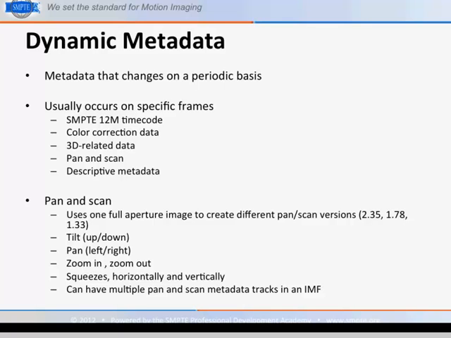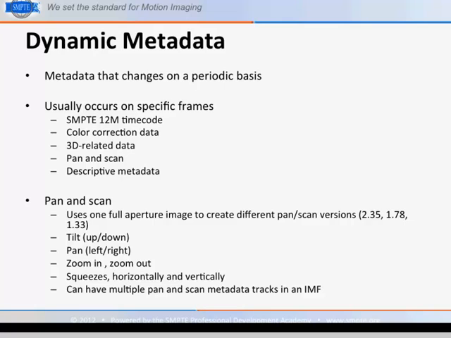So to give you a specific example of dynamic metadata, one of the things that we were talking about is having pan and scan dynamic metadata. In this case, we would have a full aperture image, just one of them, for the track file for the image side. And then from that, you would actually create your different pan and scan versions. So as I mentioned earlier, we could create a feature in scope 2.35, and perhaps you then have the pan and scan information to make the 1.78 and the 1.33.